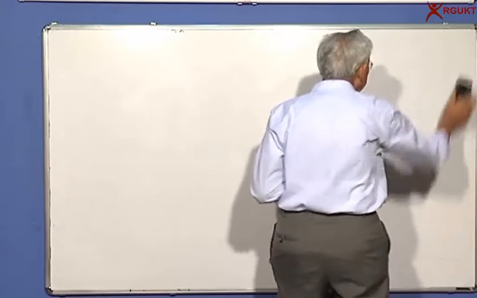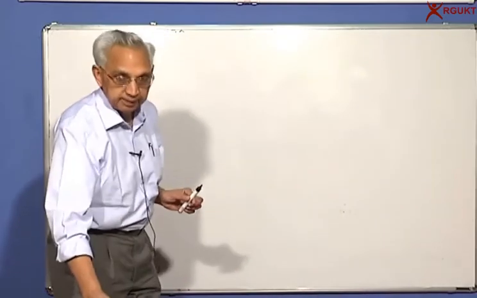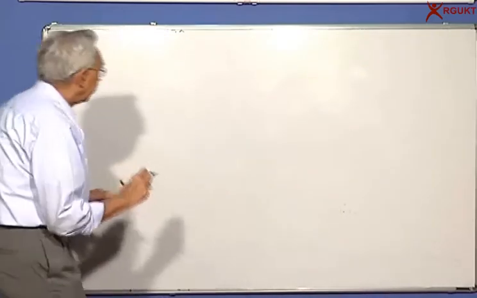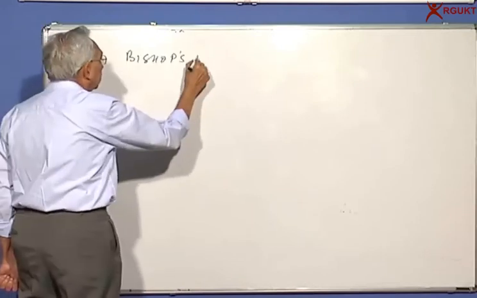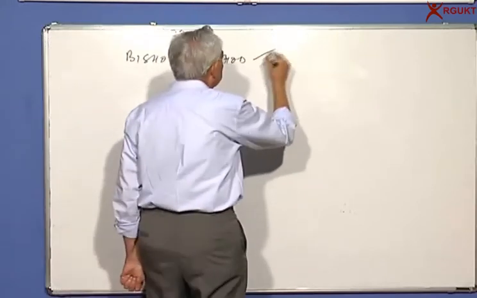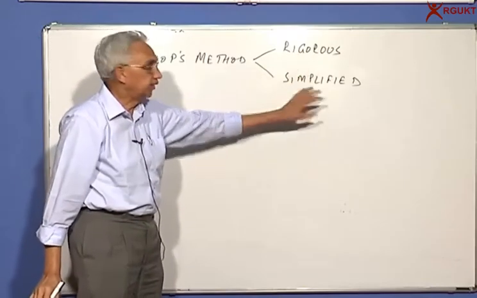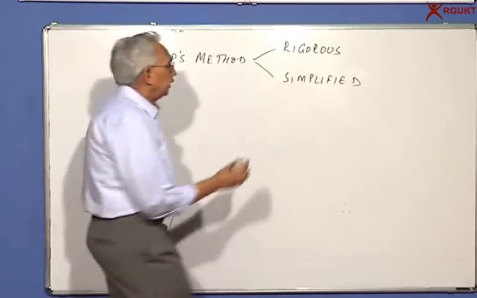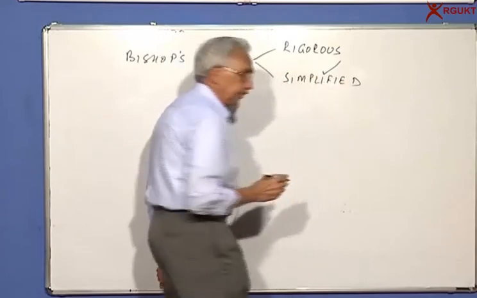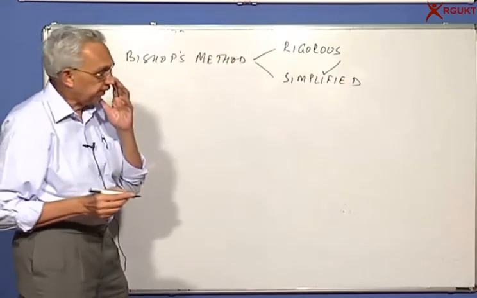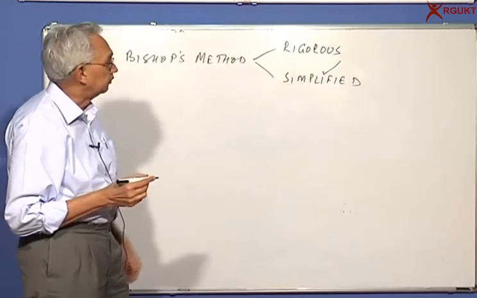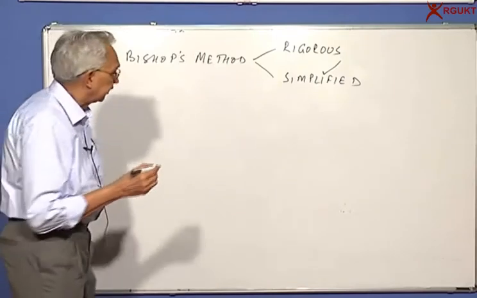We never looked at the interaction between the slices. So what we say is that in the same method, there are two versions here. There is a more rigorous method, another is a simplified one. Let us only look at the easier one. If you are more interested, in a course you can go for the rigorous method of analysis.